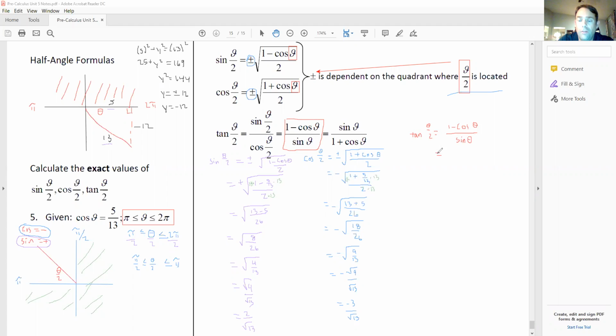So let's plug everything in here. So 1 minus cosine theta, that'll be 5/13. And sine theta is negative 12 over 13.